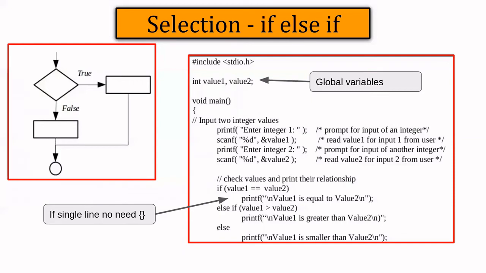It will check whether value 1 is equal to value 2. You have to type two equal signs to check this. If you put one equal sign, it will assign value 2 to value 1. When we type two equal signs, it will check whether value 1 is equal to value 2. First you have to write if.